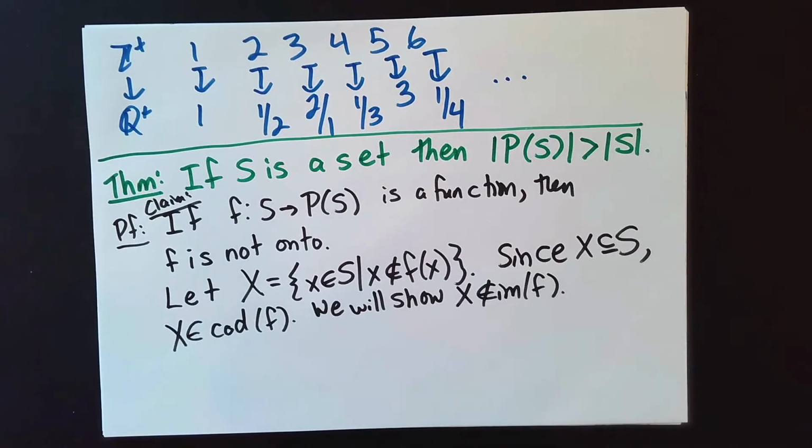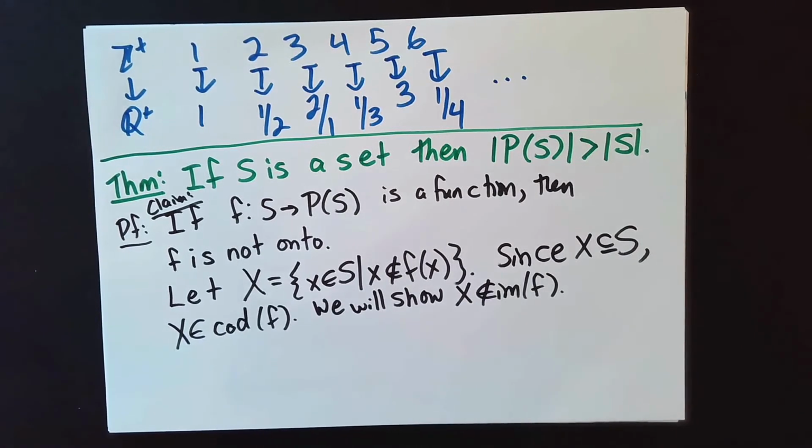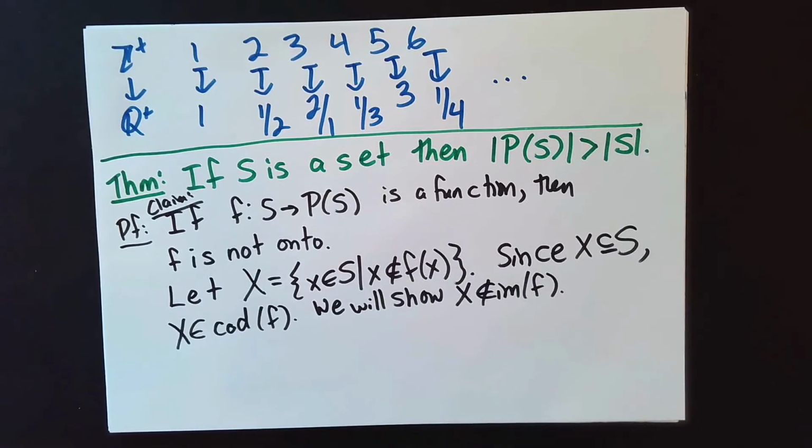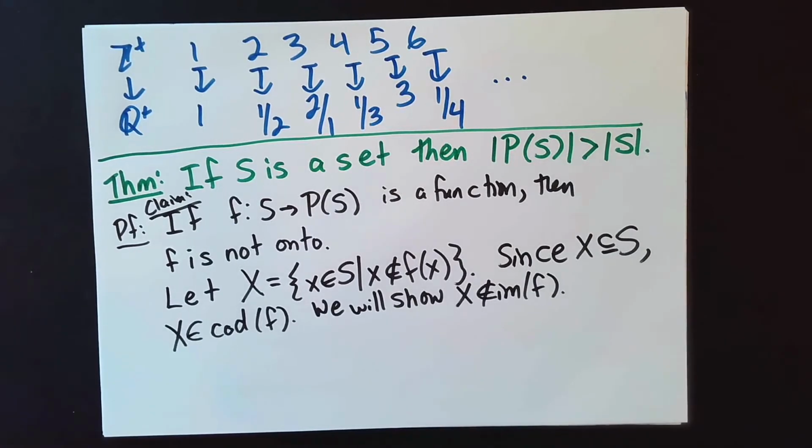So even though weird and mind-bending things are happening with this definition of the set X and trying to keep track of what a function from a set to its power set even looks like, the overall structure of proving that this function is not onto is exactly the same structure we've used to prove that functions are not onto from the very beginning. Write down an element of the codomain, prove that element of the codomain's not in the image. And that's all we're doing here. It just so happens the element that Cantor helped us write down is weird.